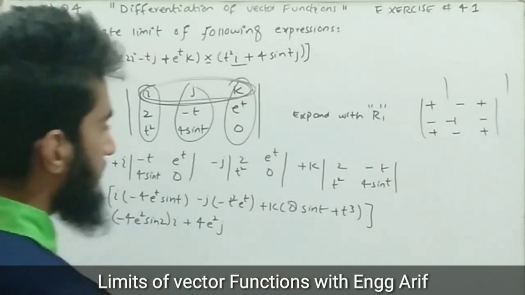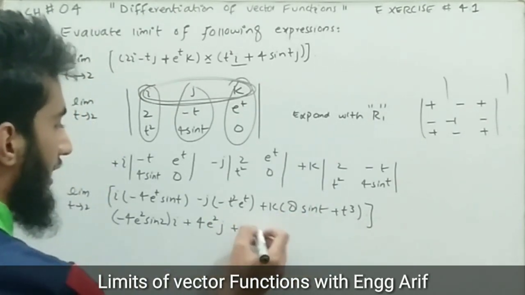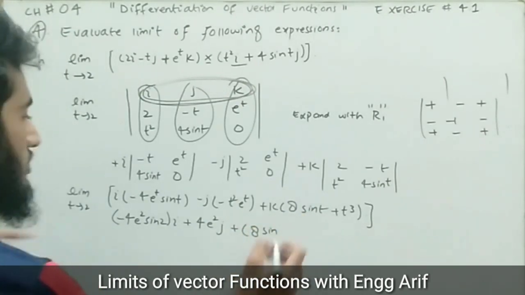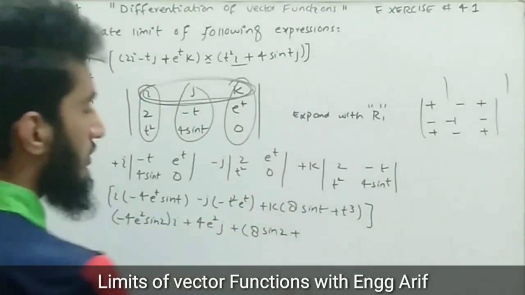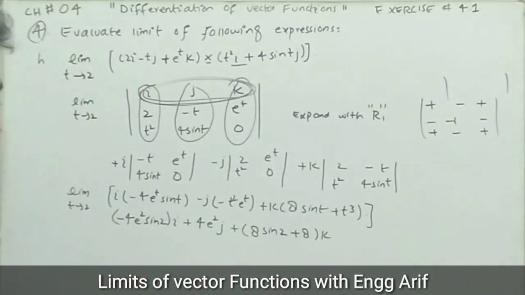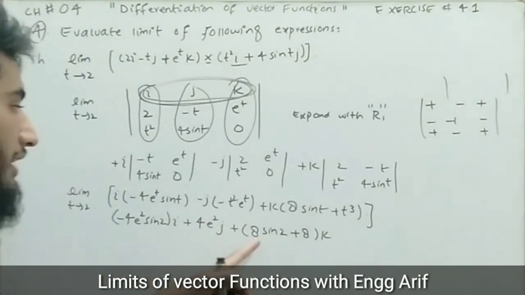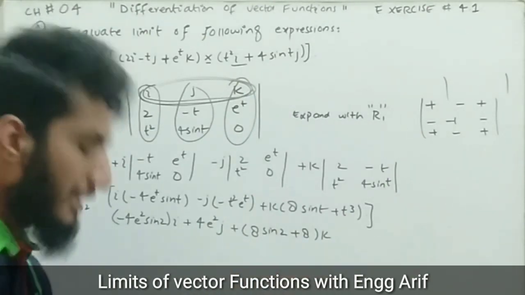And plus 8 sin t, so t is 2, it becomes 8 sin 2, plus t cube. T is 2, so t cube gives us 8, so 8k. So this is actually the required and desired answer: minus 4 e square sin 2i plus 4 e power 2j plus 8 sin 2 plus 8k.